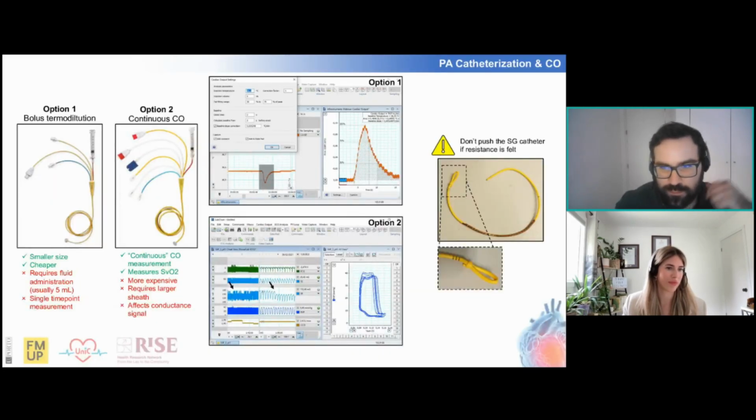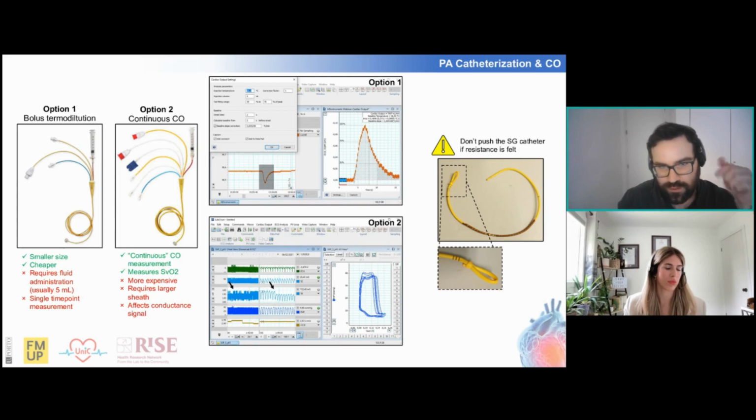So if you see the bottom image, you see that there is a lot of noise on the third channel, so the second blue one. So first you have ECG, then you have S1, or no, in this case is S2, and then the other one is S6, I think. It's too small for me to see, but as you can see, S2 is very stable, and then S6 is going up and down. And this up and down is when the thermistor, or the resistance in the continuous cardiac output catheter, is on.